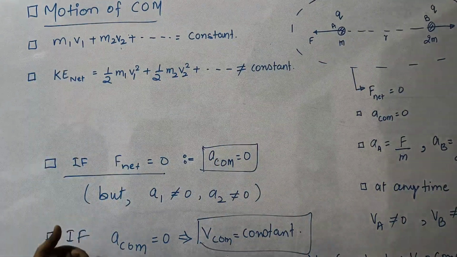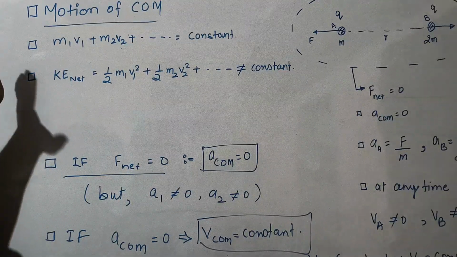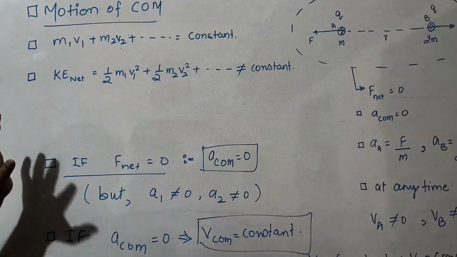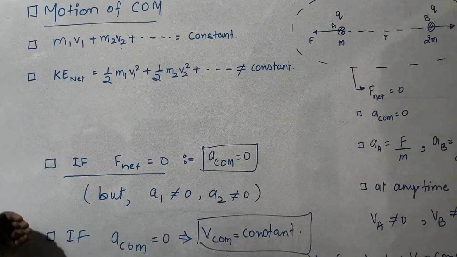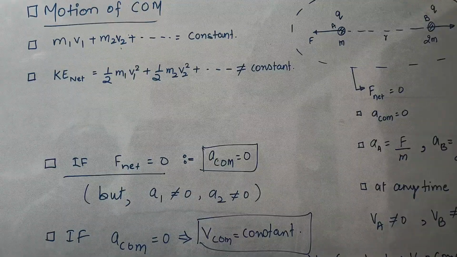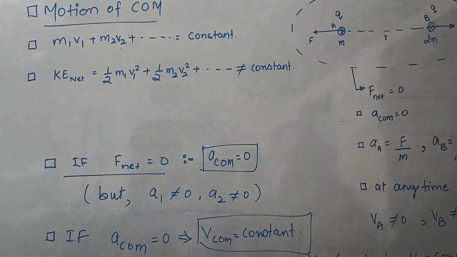These are the important points which can be asked, and already have been asked in statement-wise or true-false questions in exams. On the basis of these concepts we will try to solve some examples. So let's do some examples.